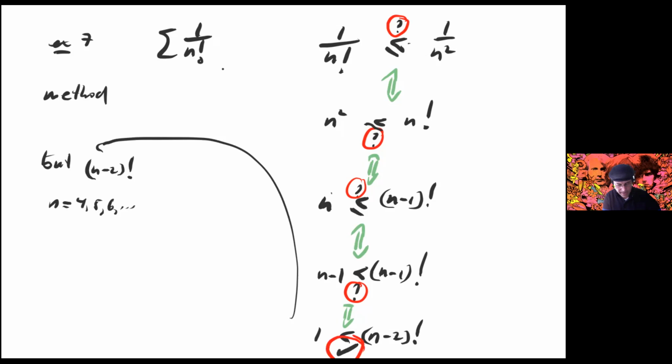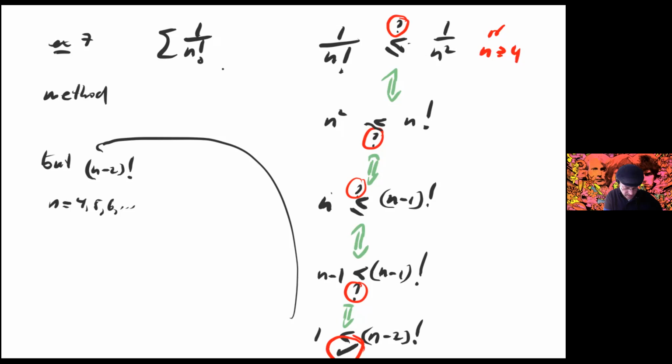And therefore, we can backtrack and recover the statement that 1 over n factorial is less than or equal to 1 over n squared if n is at least 4. That's good enough, as long as n is finite, we just have to check that inequality. Now, to complete the argument, we use the comparison test.